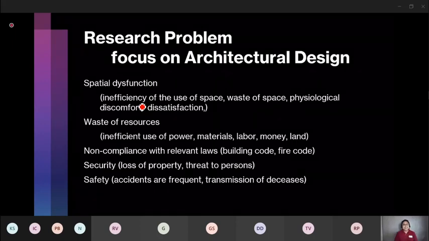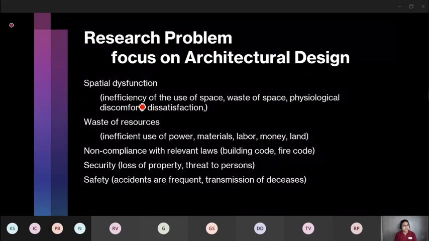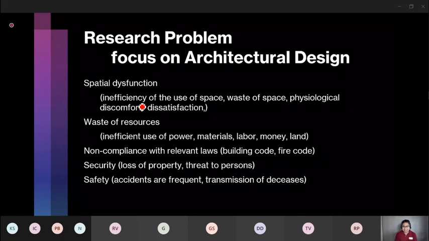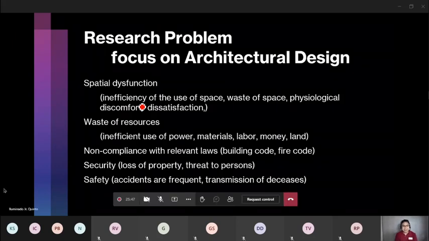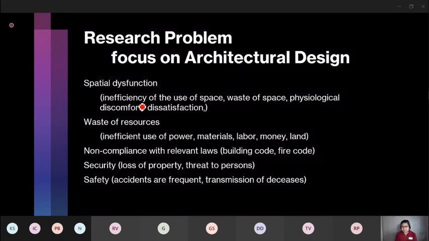Or for example, another one would be discomfort in regard to heat. We should understand that we are in a tropical country, a tropical region, and because of this, we are constantly exposed to a lot of sunlight.